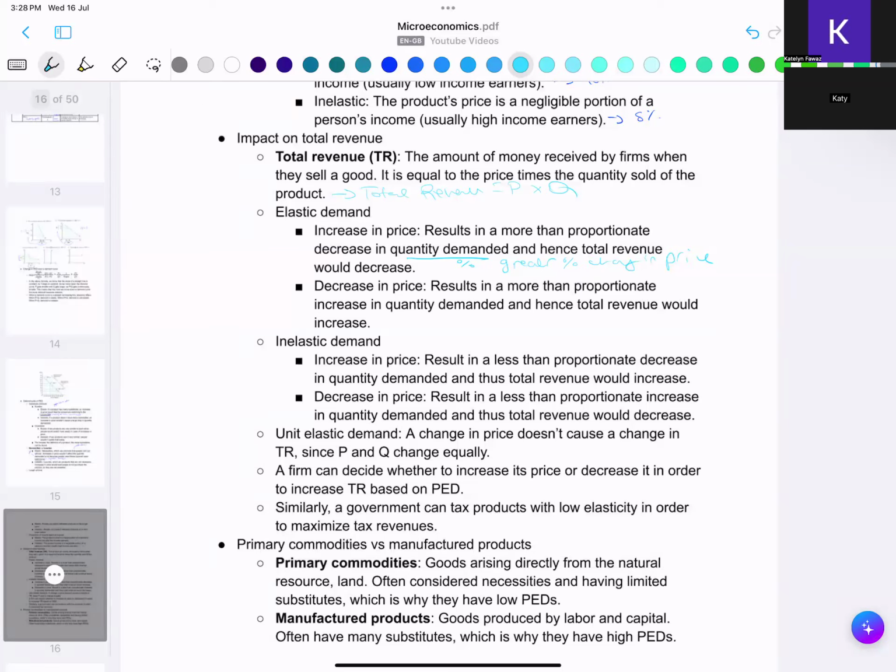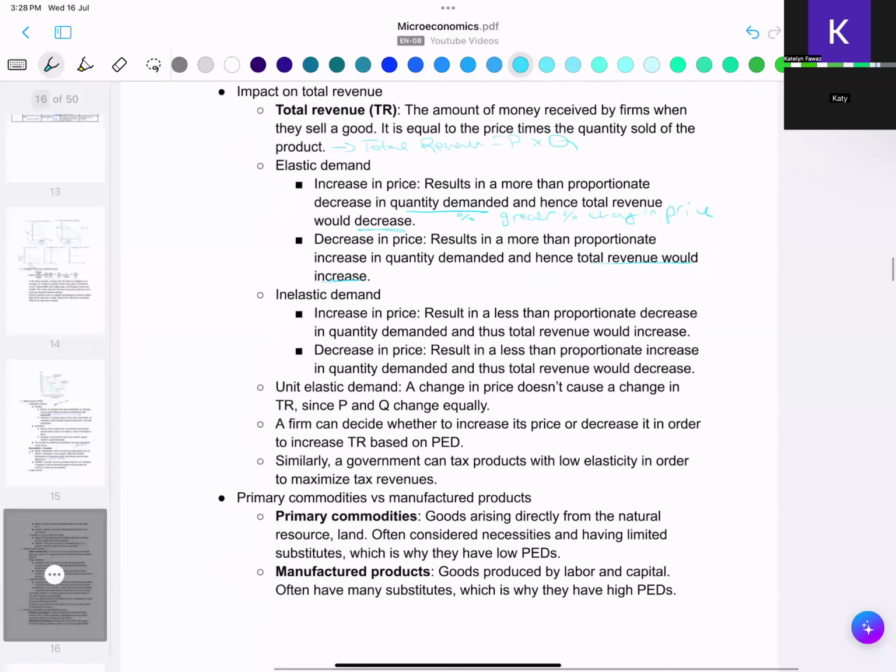So they're ultimately going to lose revenue. Whereas if there's a decrease in price, this will lead to a higher total revenue. Why? Because the decrease in price is going to be less than the increase in the quantity demanded. Okay, this is basically it.